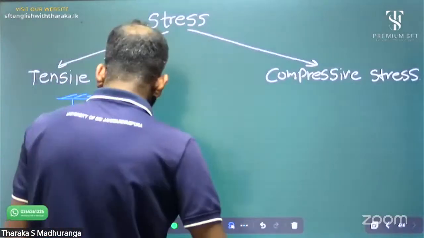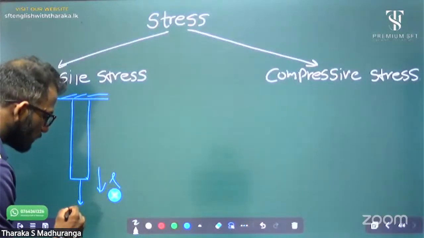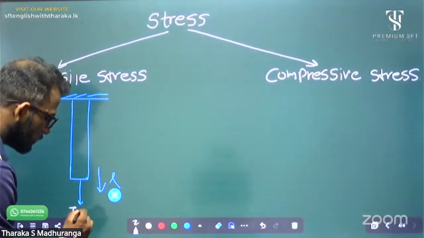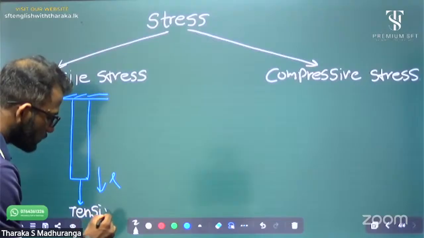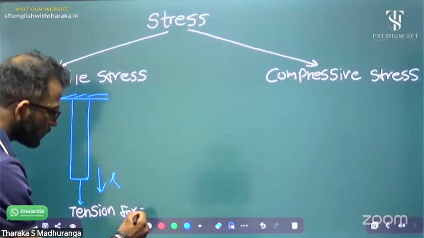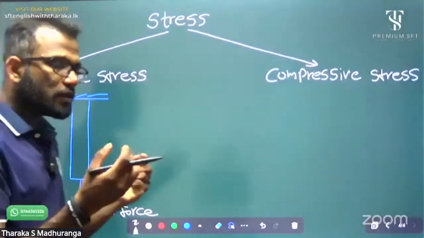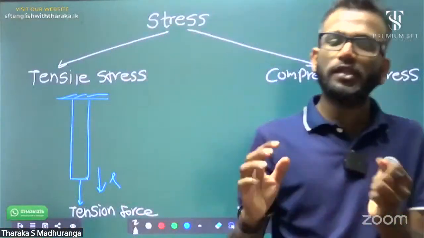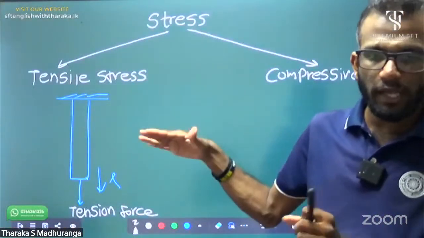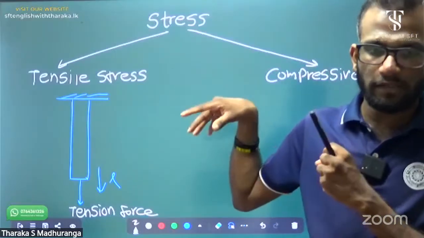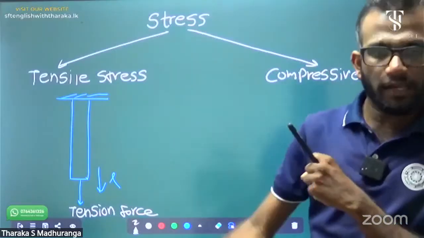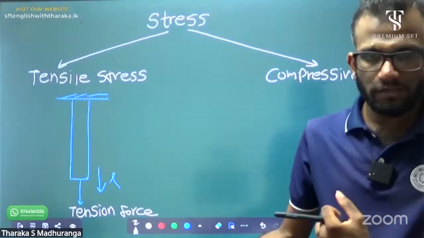That force we call the tensile force, or tension force. The stress due to the perpendicular tension force on a unit area, while increasing the length, we call tensile stress. That's the only difference.